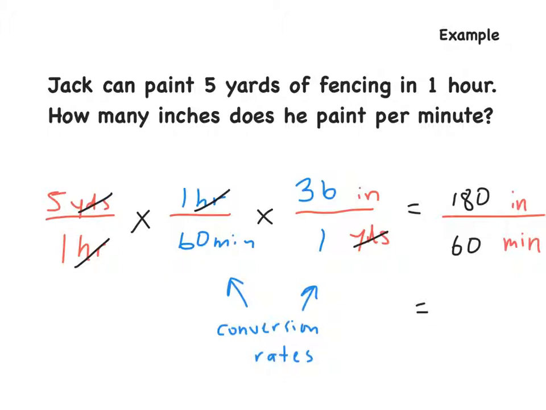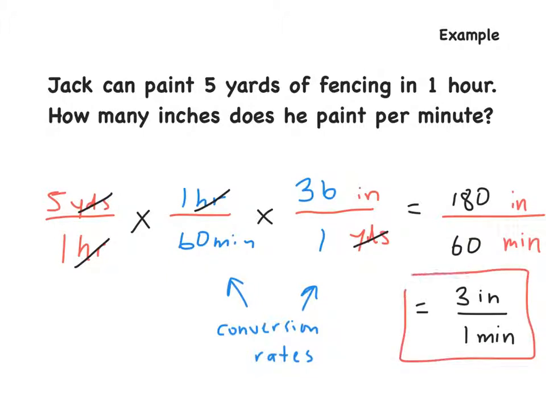So 180 divided by 60 is equal to 3, so it'll be 3 inches. 60 divided by 60 is 1, so it'll be 1 minute. So our final answer, once we convert, is 3 inches. You can go 3 inches. Jack can paint 3 inches in 1 minute.